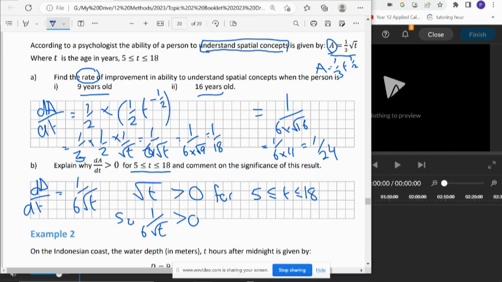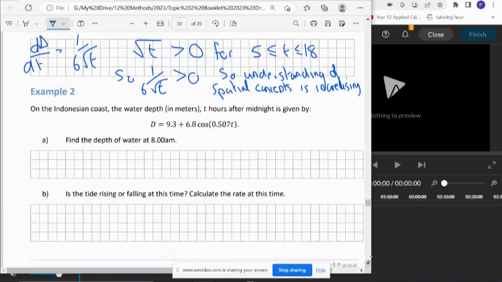So between the ages of 5 to 18, we know that dA dt tells us that the understanding of spatial concepts is increasing. So we'll write that down. Understanding of spatial concepts is increasing. Okay. So just always got to think about the rate as the derivative.